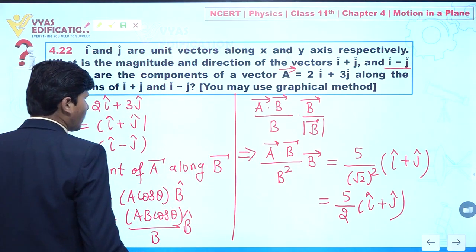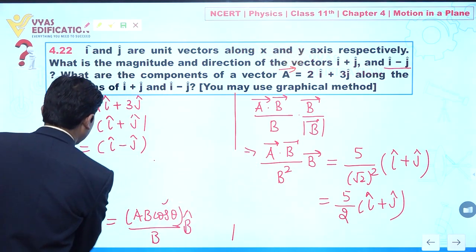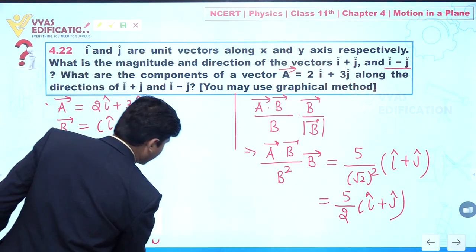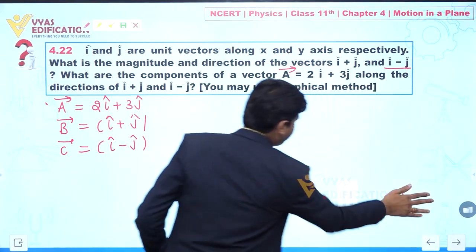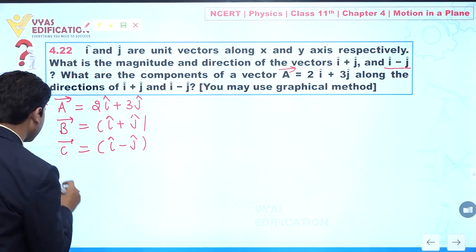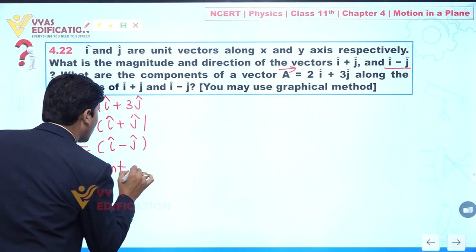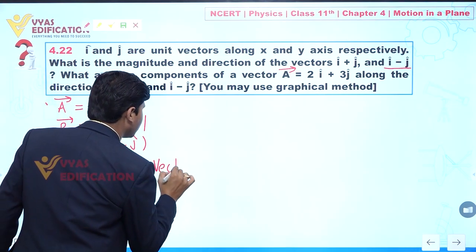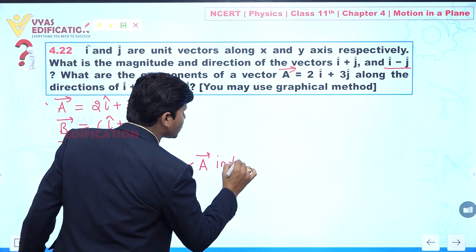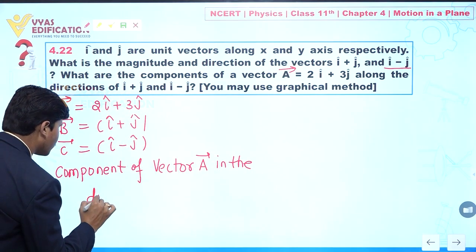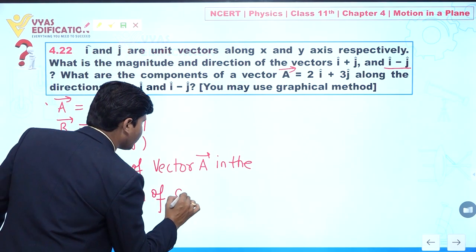Yes. Now we are going to discuss what is the component of A in the direction of C vector, clear. Now we can write it like this: component of vector A in the direction of C vector.